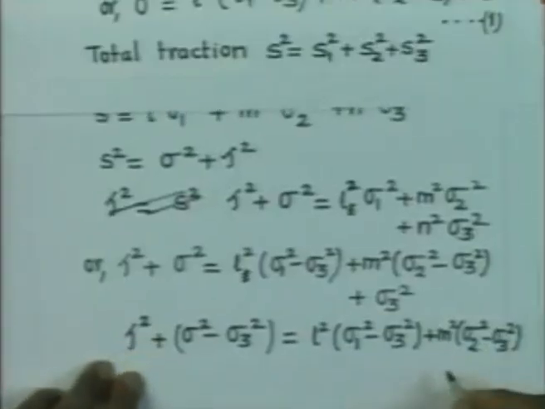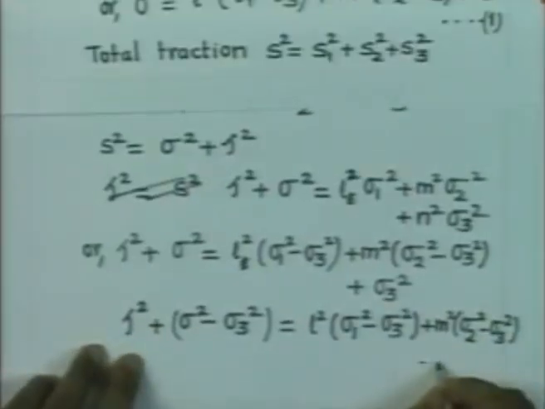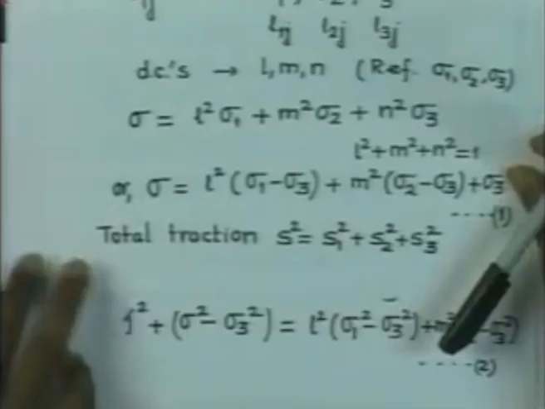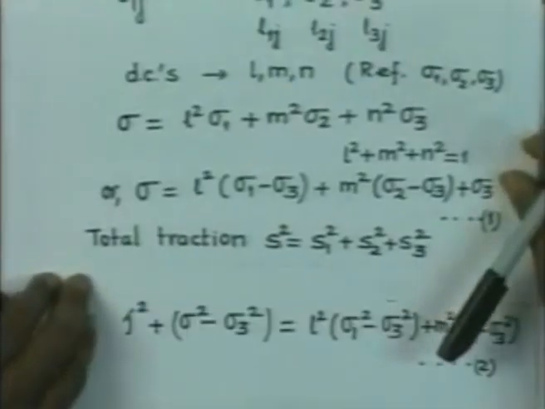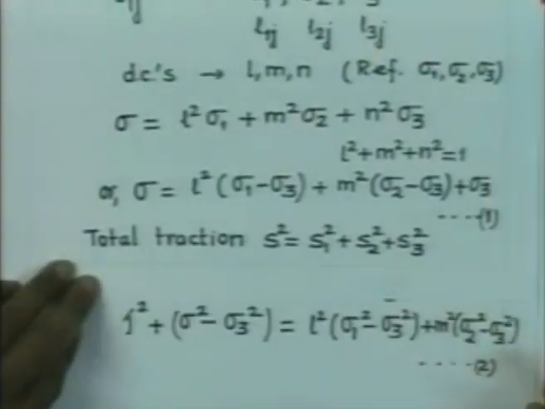So, let us write this equation as equation number 2. I will show you that these relations 1 and 2 are the basis to draw the Mohr circle in 3 dimensions in my next presentation.